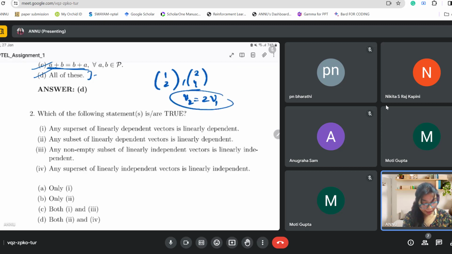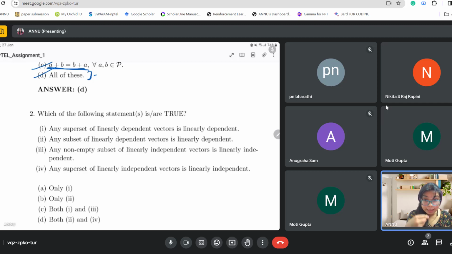If you take any superset also, it will be linearly dependent because a vector can be written in terms of the other vectors present in the subset. So this is very straightforward. The third thing was very tricky: how can you say any non-empty subset of linearly independent vectors is linearly independent?